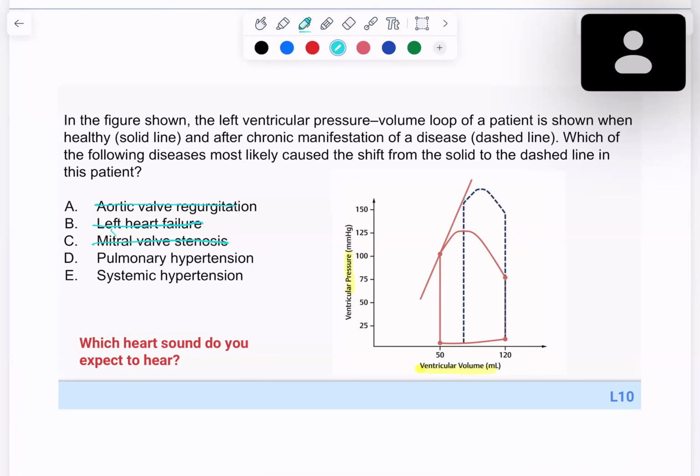And so it's not C. And pulmonary hypertension, here we're talking about the left ventricle, right? Not the right ventricle. If we were saying this is the right ventricle, then you would pick D. But since we're talking about the left ventricle, indeed you will pick E. Do you guys know what other valvular pathology might give you this kind of graph?